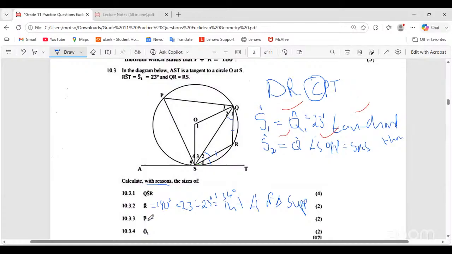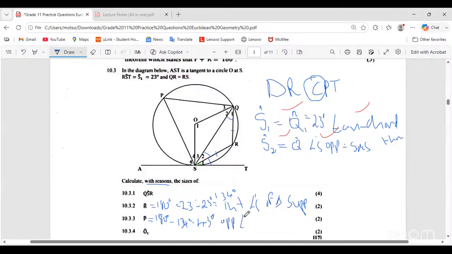Therefore, angle P is equal to 180 degrees minus angle R, and angle R is equal to 134 degrees. That is equal to 180 degrees minus 134. I get 46 degrees. What is the reason behind that?